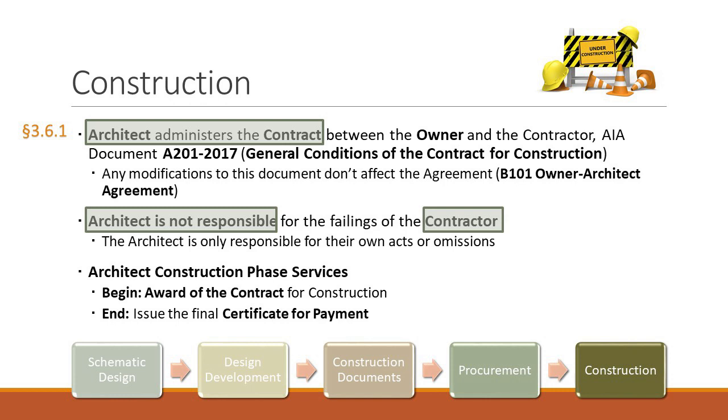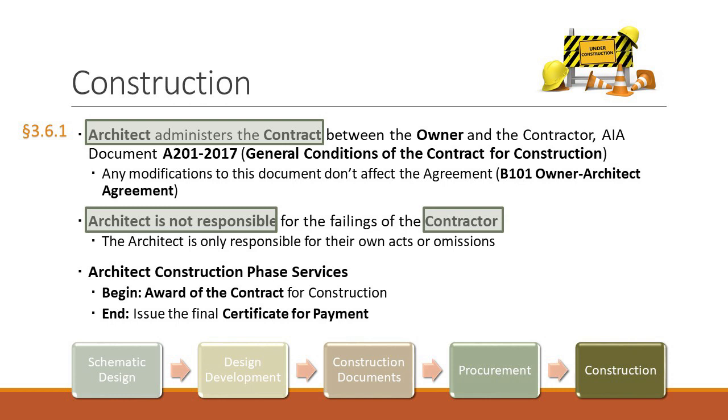The architect shall have authority to act on behalf of the owner only to the extent provided in this agreement. The architect shall not have control over, charge of, or responsibility for the construction means, methods, techniques, sequences, or procedures, or for safety precautions and programs in connection with the work, nor shall the architect be responsible for the contractor's failure to perform the work in accordance with the requirements of the contract documents.